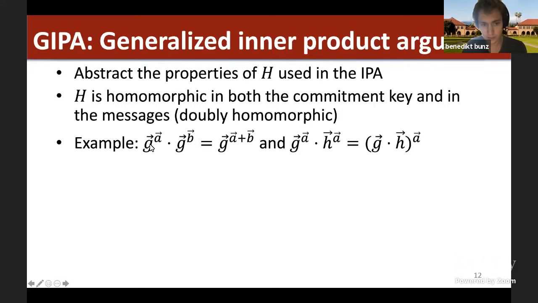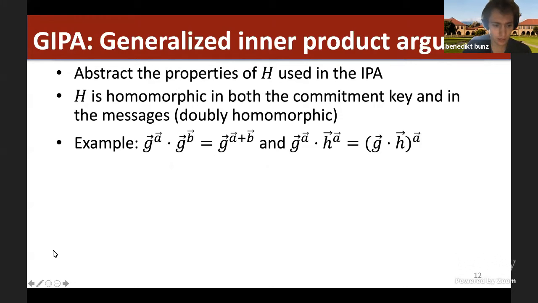To see this, we have G to the A times G to the B is the same as G to the A plus B. I'm using this vectorized notation here. G and H are the commitment keys and A and B are the messages.